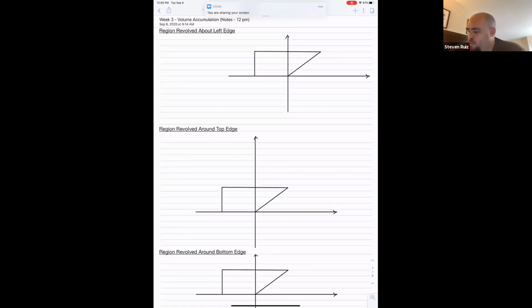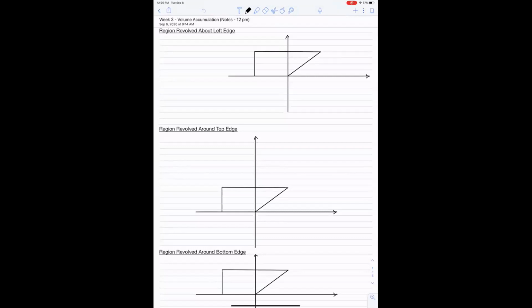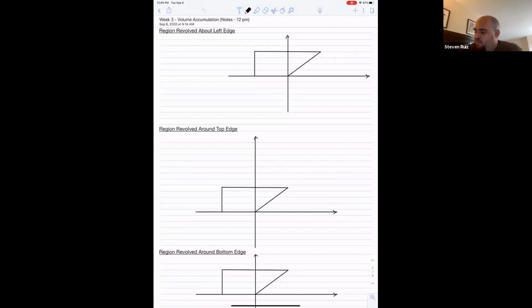Okay. Can you all see this? Yes. Good. All right, so first thing we're gonna do is revolve this shape around its left edge.